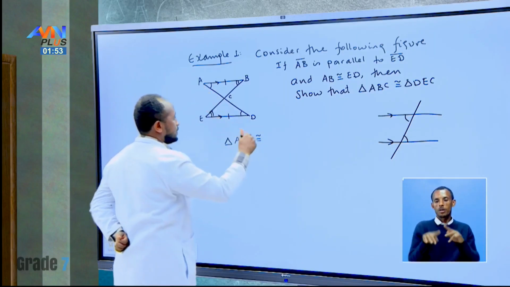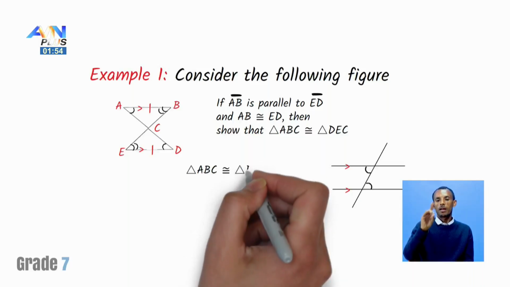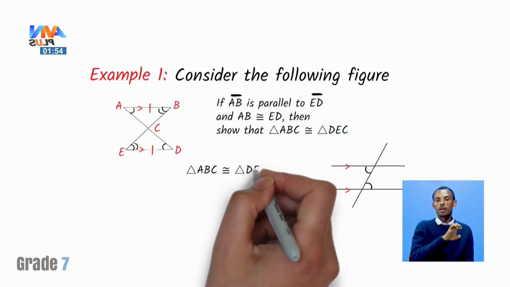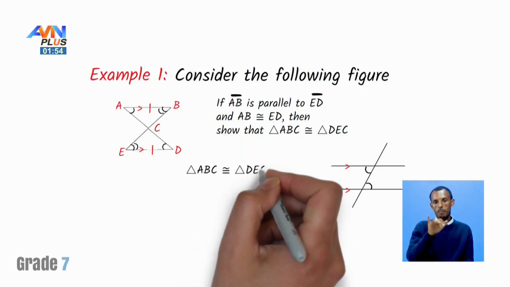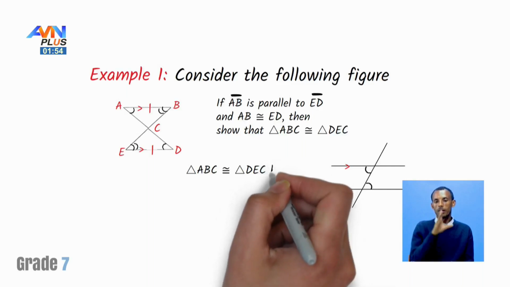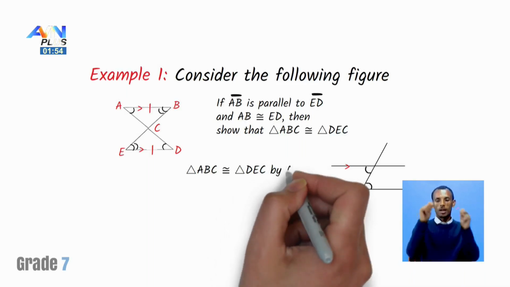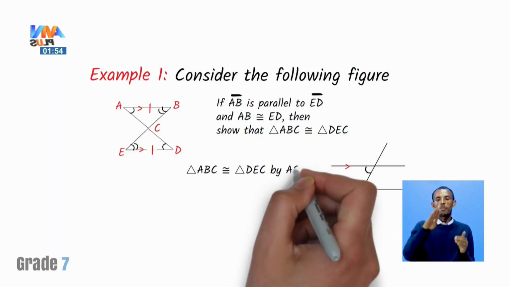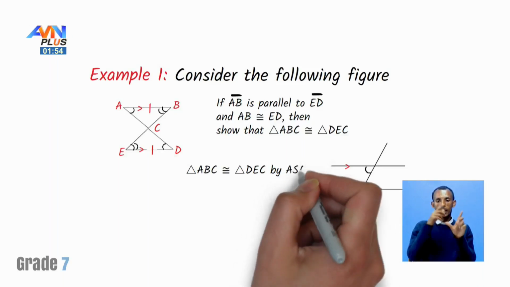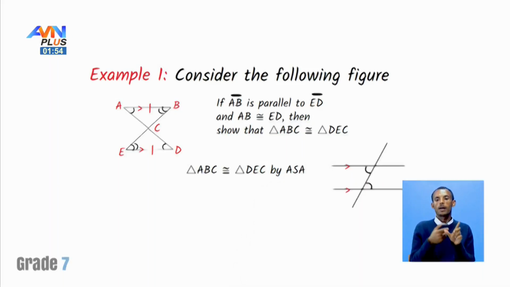We start from D. Triangle D, A, B. B corresponds to E, therefore D, E, and finally C. Therefore, these two triangles are congruent by the angle side angle congruency test.